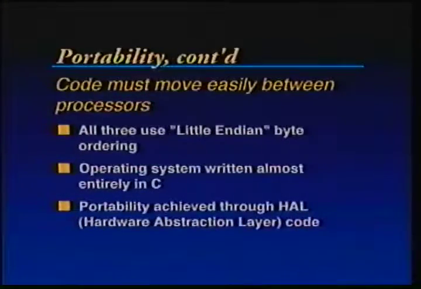Now, how did Microsoft make it so that the operating system was really quite portable between these different processors? And what are the things that these particular processors share? Well, all of the architectures which you saw listed on the previous slide incorporated what's called little endian byte ordering.